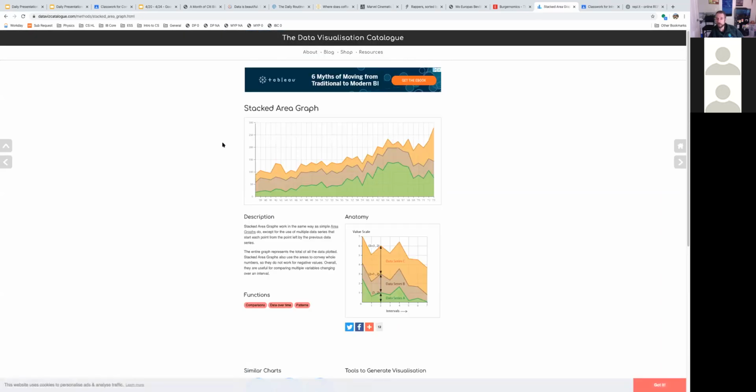Google Sheets will do this one straight up, the stacked area graph. But this is very much like the first visualization that I showed, where we see that this is a percentage of a whole. And we can see how that percentage of a whole changes over time.